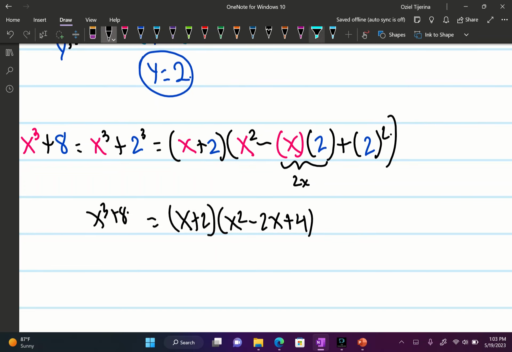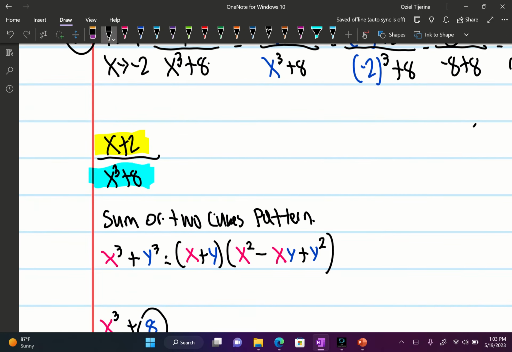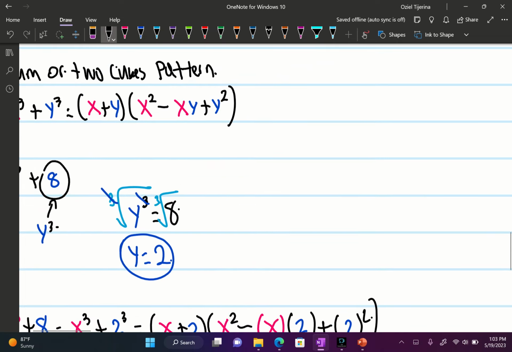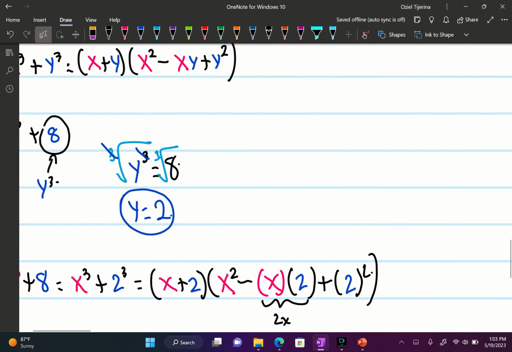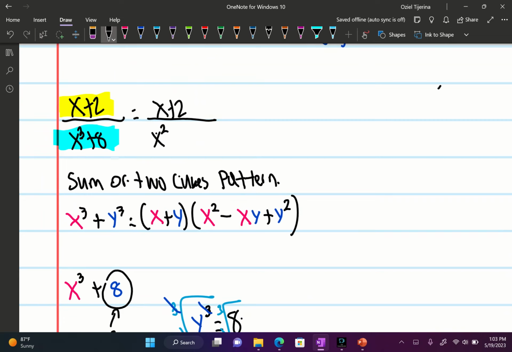So now we can go ahead and put this whole thing right over here. So this is equal to x plus 2 over x plus 2 times x squared minus 2x plus 4.